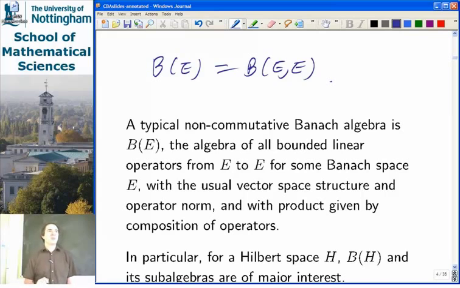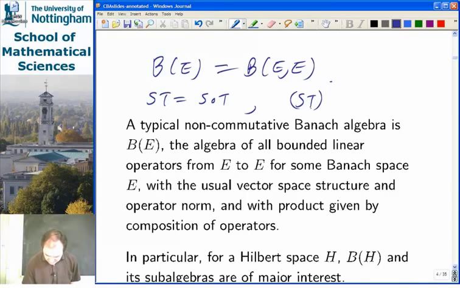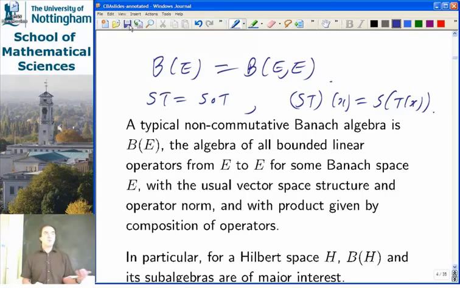But you can also multiply operators, but the multiplication is done as composition of operators. So ST equals S composed with T. So ST of X is equal to S of T of X. So that's different from pointwise multiplication, because you do the right-hand operator first and then the left-hand operator. And that's usually different from doing the left-hand operator and then the right-hand operator.